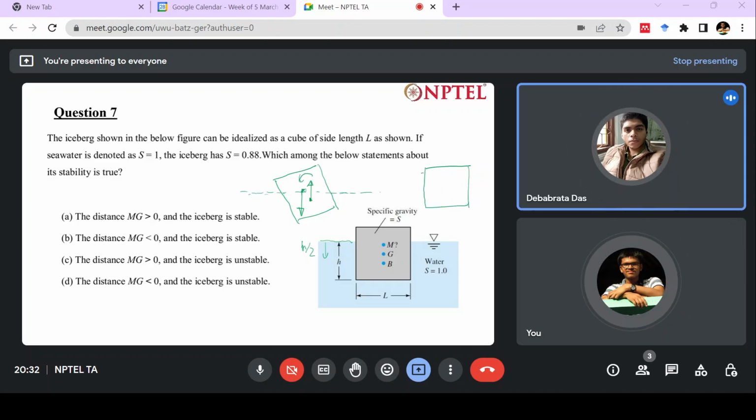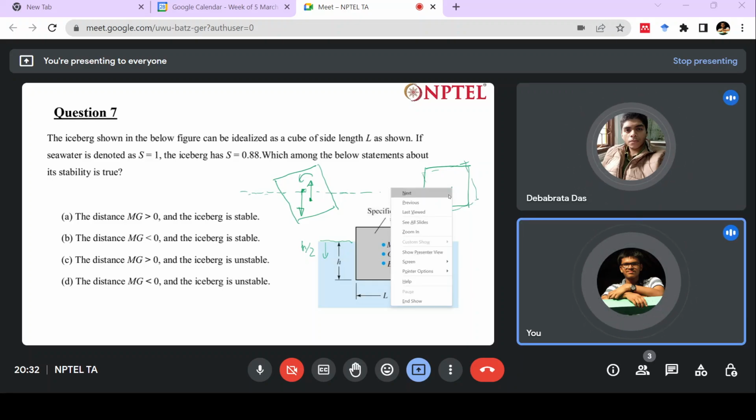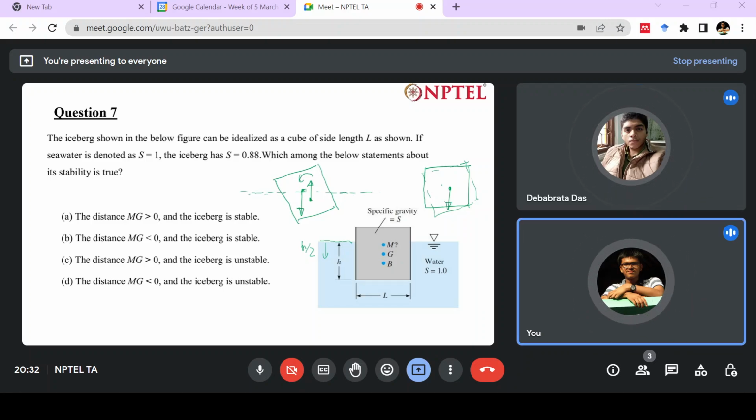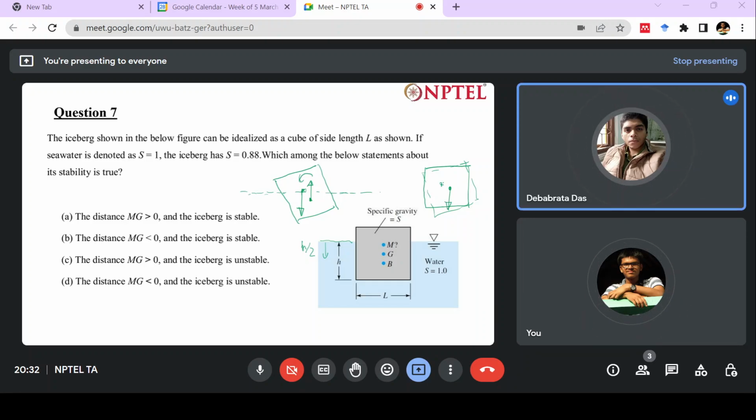So if you slightly tilt this, there will be a resultant torque acting. The center of gravity will be here, and the center of buoyancy will be above. So this will try to make it come back to its original position. That means this is stable.